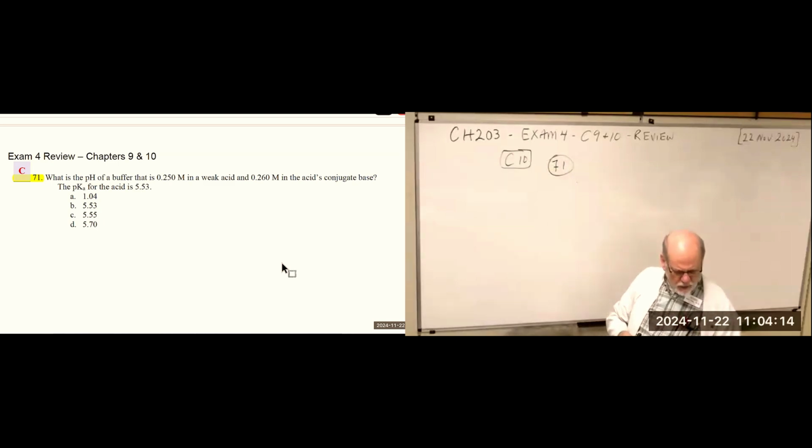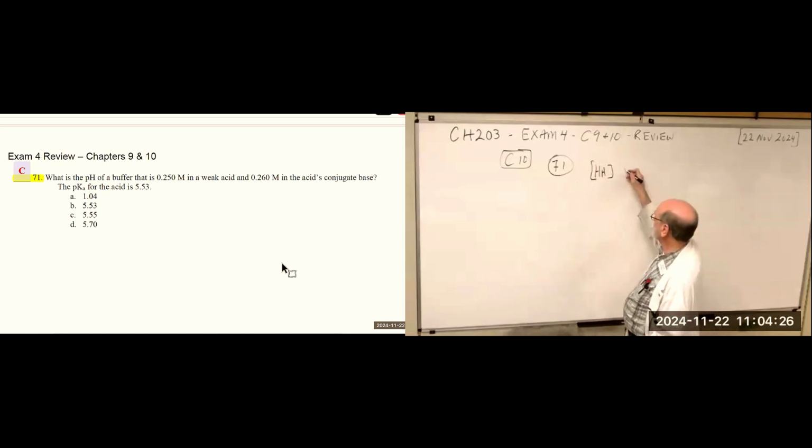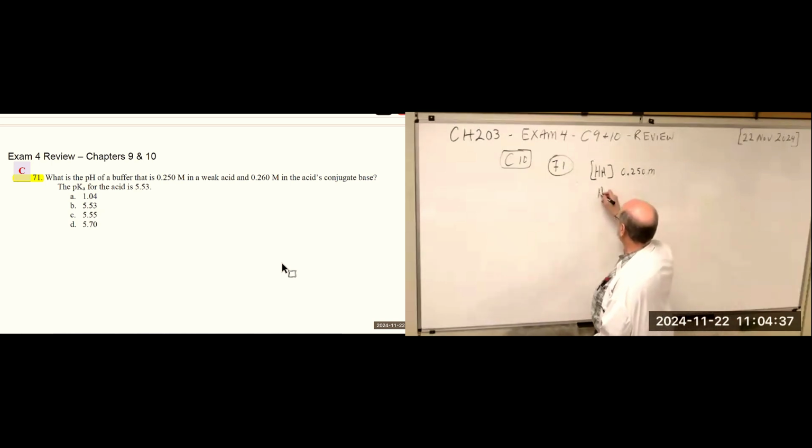Okay. What's the pH of a buffer that is 0.25 in a weak acid? So a weak acid, the concentration is 0.25 molar. And the conjugate base is 0.260 molar.